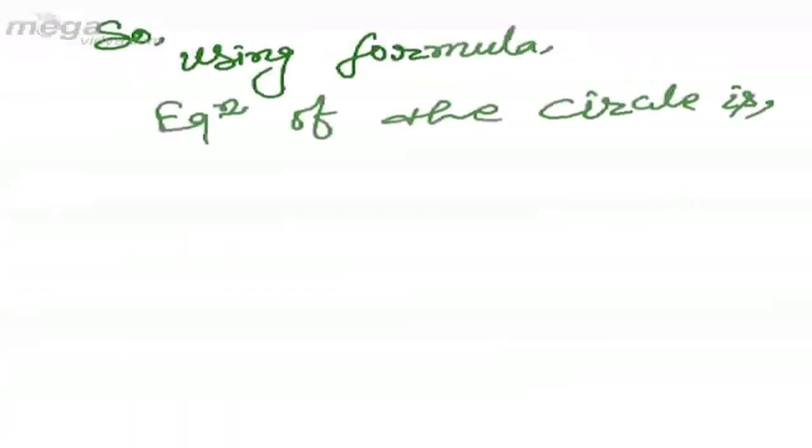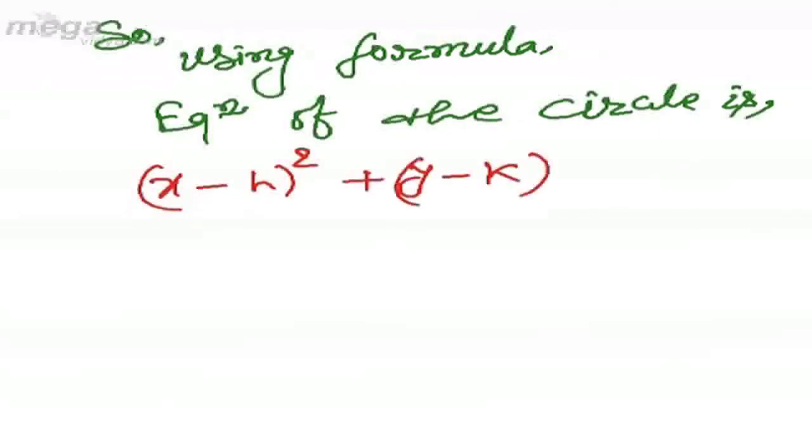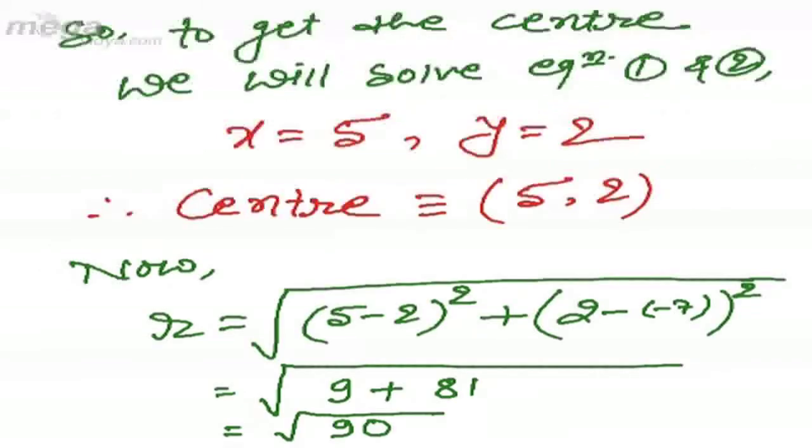So using the formula, the equation of the circle is (x minus h) whole square plus (y minus k) whole square is equal to r square. Because it's the center, instead of h we put 5, instead of k we put 2.